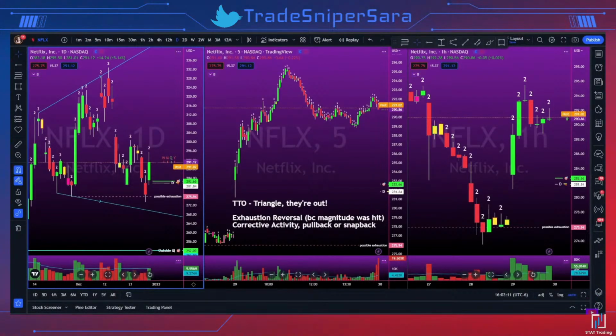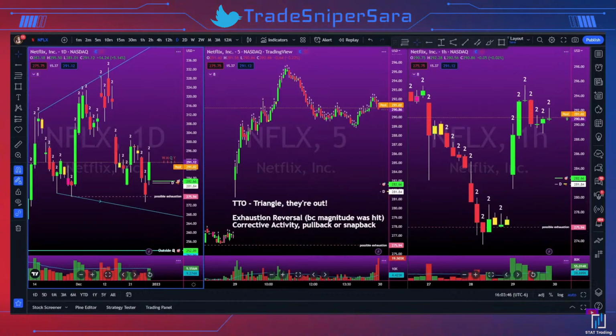TTO, triangle them out, or I like to say triangle they're out, but in fact I don't like to use this term at all because I find it very confusing. When Rob says triangle them out, he is referring to the trader on the opposite side of your trade getting stopped out.